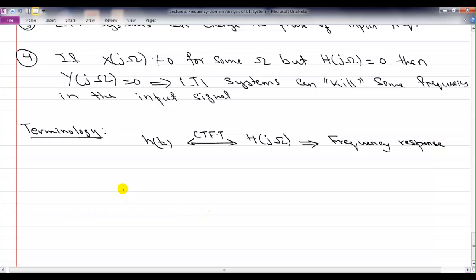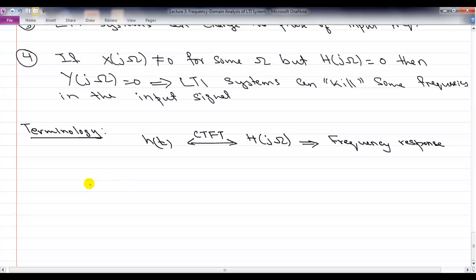Now, general LTI systems, you can always design. It may be a hard task. A little bit of it is also art, which you will learn way later. You can design LTI systems with pretty arbitrary frequency responses.